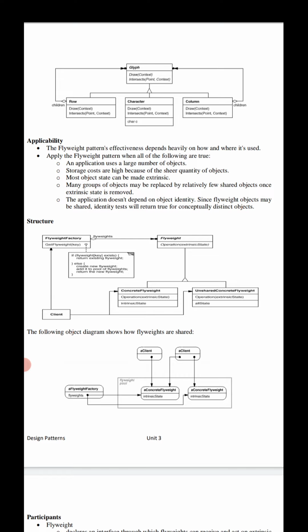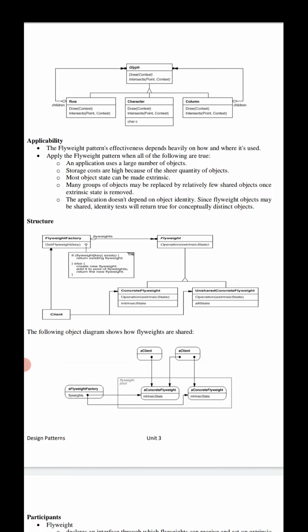In the sense, if you take many groups of objects, they may be replaced by relatively few shared objects once extrinsic state is removed. And finally, the application does not depend on object identity, since flyweight objects may be shared and the identity test will return true for conceptually distinct objects.